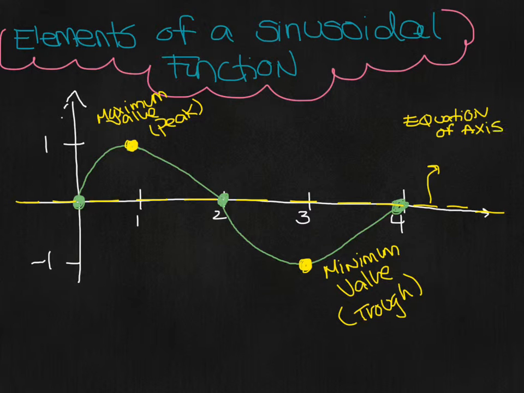And as we move along in this unit, just to keep it in short form, I will use the acronym EOA for equation of axes. Okay, now the vertical distance from the maximum value to the equation of axes is called the amplitude.